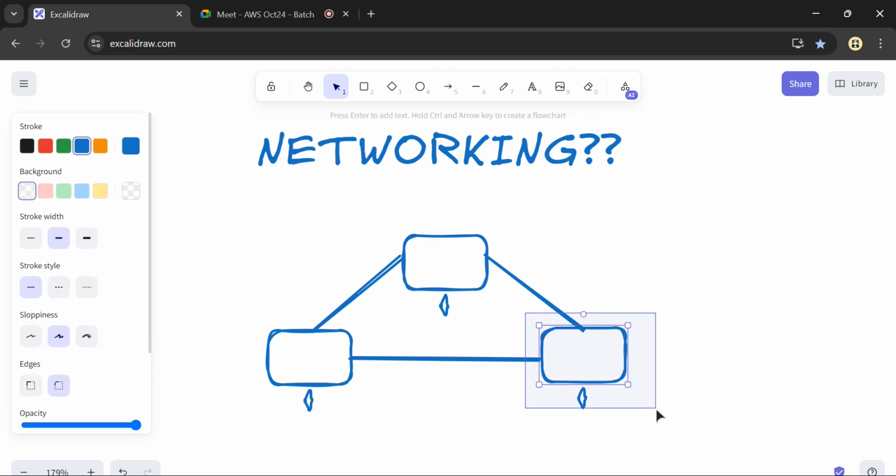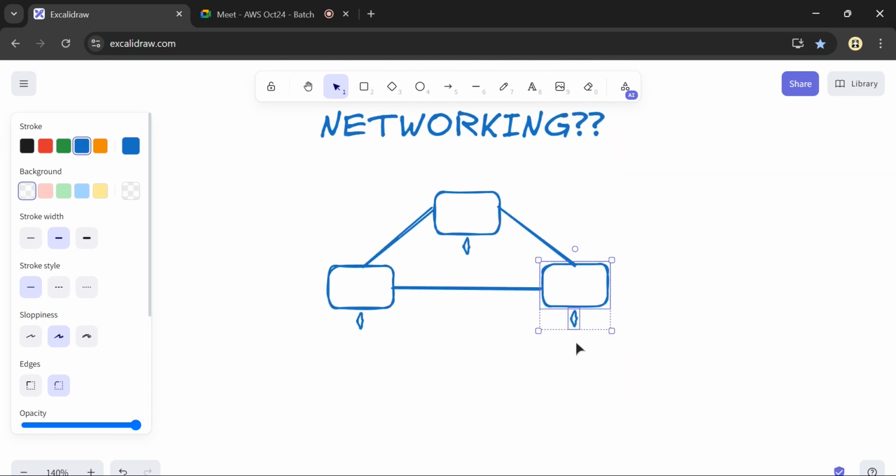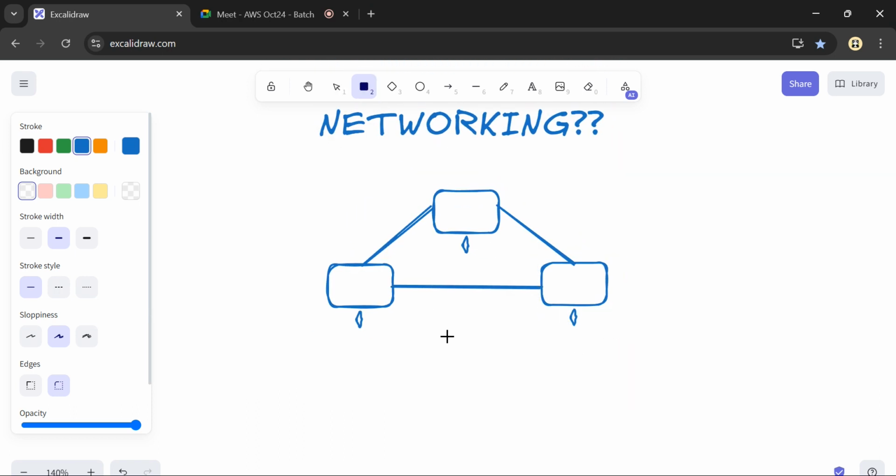Now, these devices can be any electronic devices. It's not only related to machines or servers. Even if I'm connecting my mobile, through wired or wireless communication, in whichever way I'm connecting my mobile phone as well, then that is also networking.